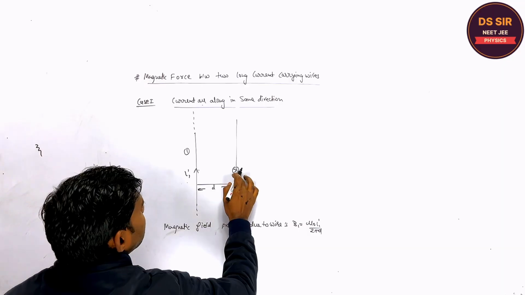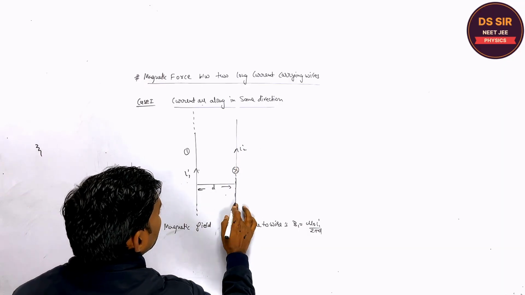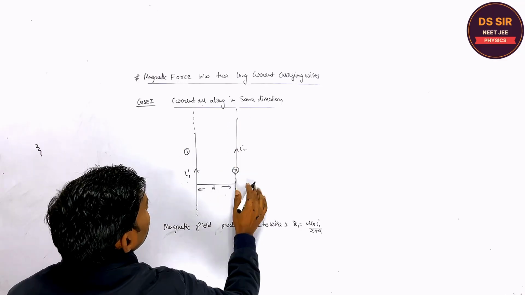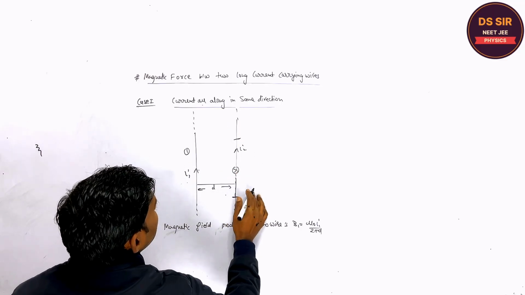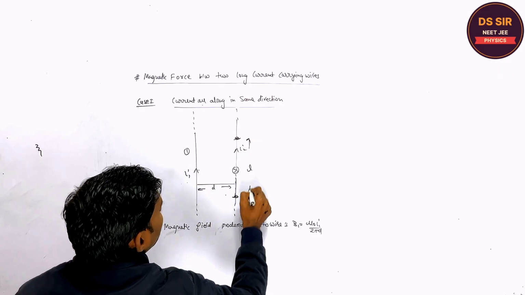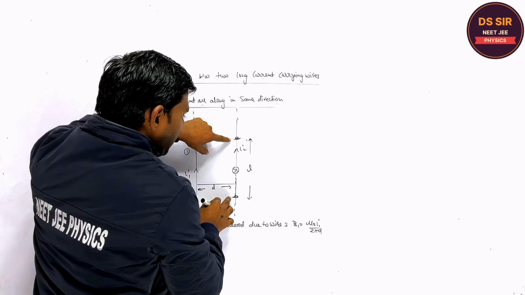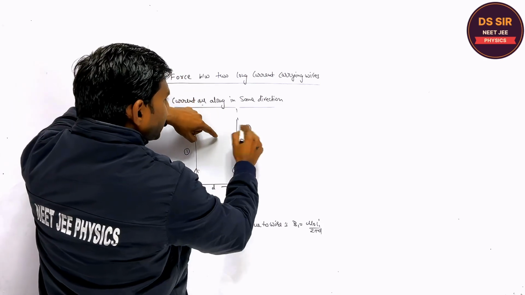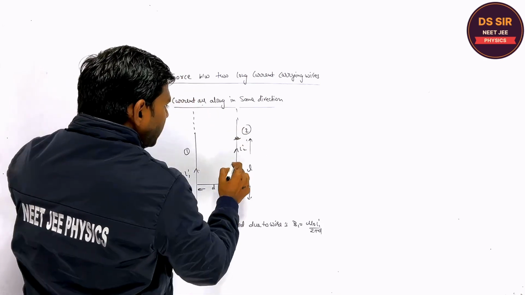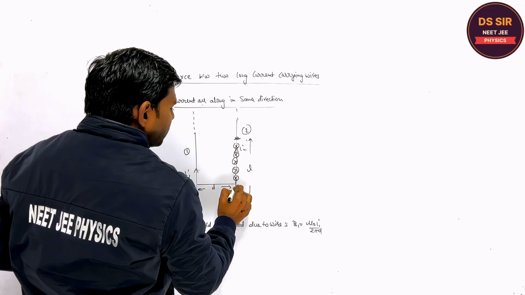And at this point the other wire is present. Is it clear or not? So if you consider the length L of this wire, suppose this is the length L of the second wire, present in the magnetic field of the first wire.